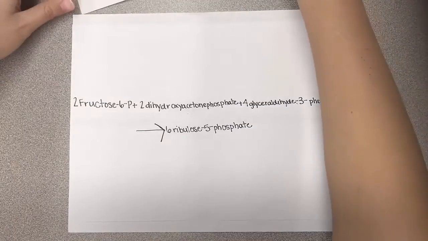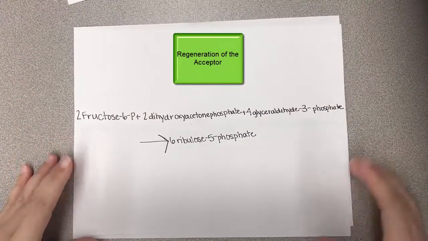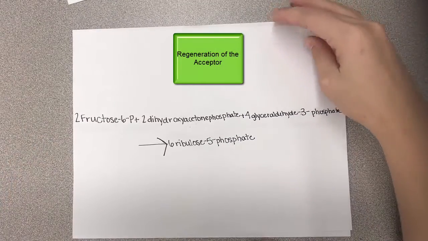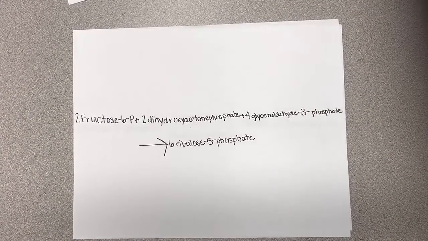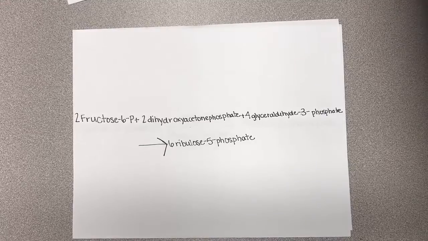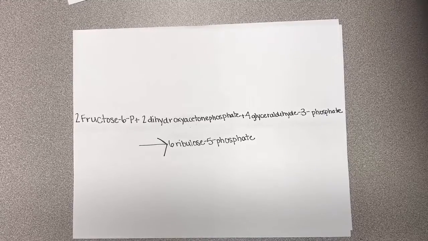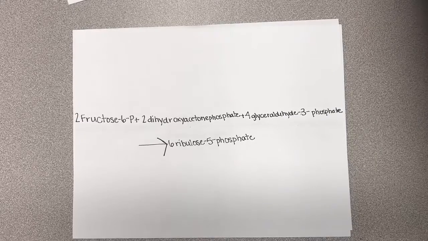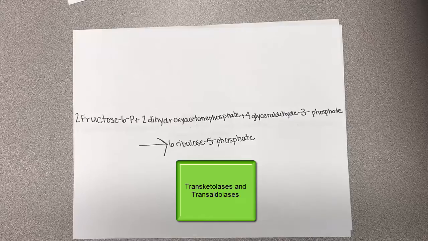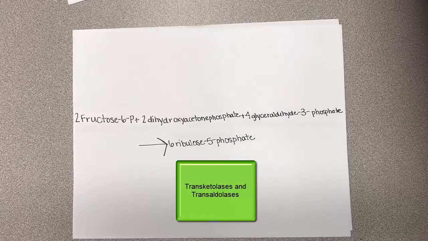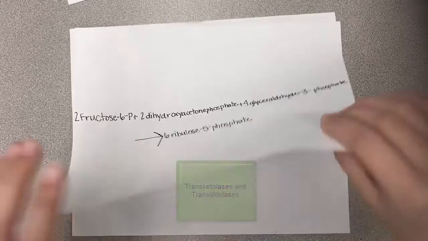Next is the regeneration of the acceptor. The remaining 10 GAP, 2 DHAP, and 2 F6P from before will now be utilized to regenerate the 6 molecules of ribulose bisphosphate needed to keep the cycle going. These molecules undergo transketolases and transaldolases to rearrange and recombine in this procedure to produce 6 ribulose 5-phosphate.